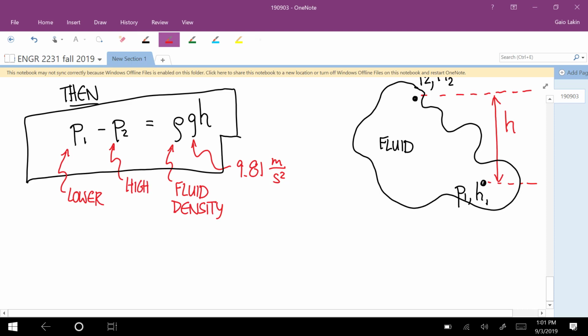This is the lower height, but the higher pressure. This is the high height, and the lower pressure.